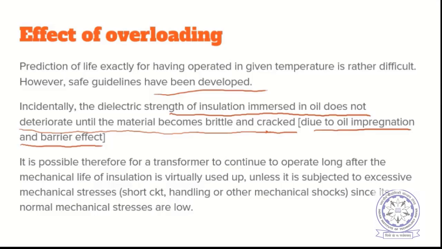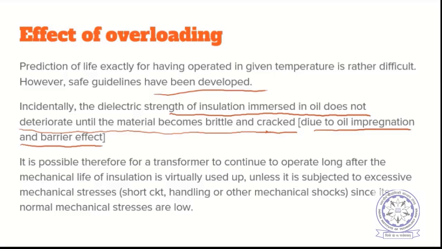Even if the paper is brittle, just supporting mechanically, the breakdown strength will not deteriorate because oil will support it. That is what happens in the case of class A insulation immersed in oil.